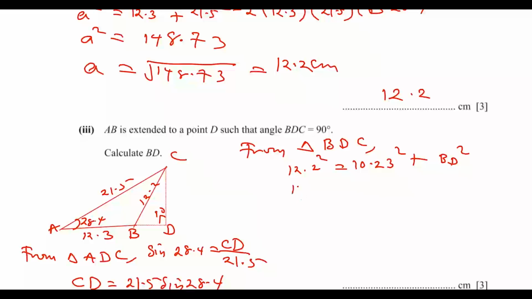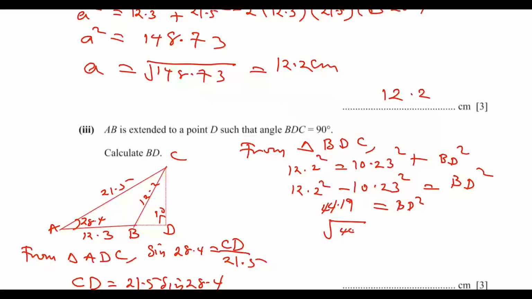So we have 12.2 squared minus 10.23 squared equals BD squared. From here, you can solve this directly. You will get 4.19 equals BD squared, and the square root of 4.19 will give you the value of BD, and BD is equal to 6.65 centimeters. That will be the value of BD.